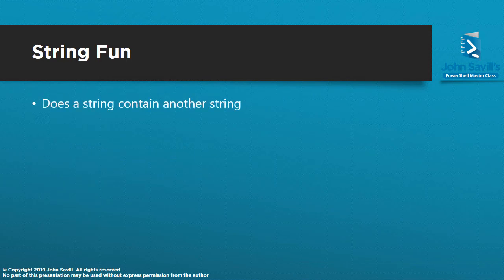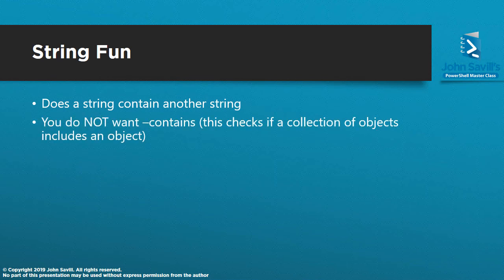So, fun with strings. I can do checks. I can say, well, look, does a string contain another string? Now, there are various different operators I can use, and an obvious one might be contains. Contains does not do what you think it does. Contains is saying, does a collection of objects include an object?